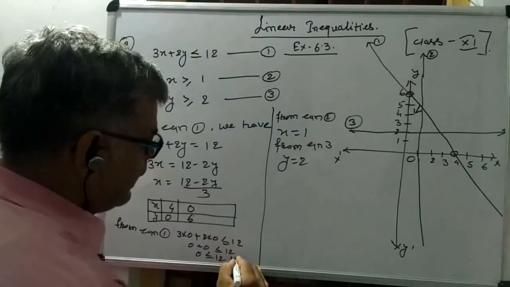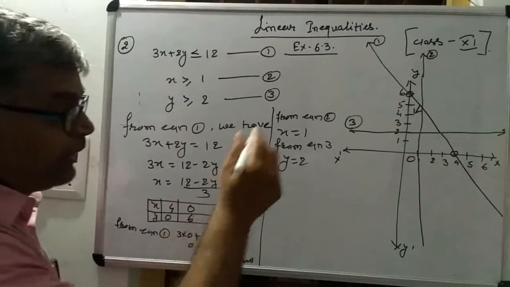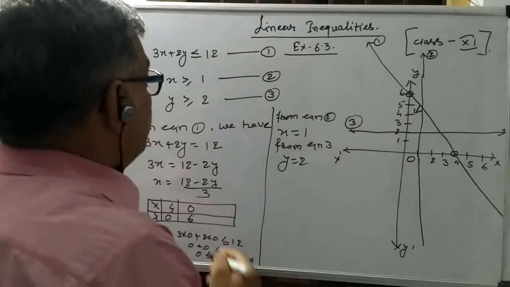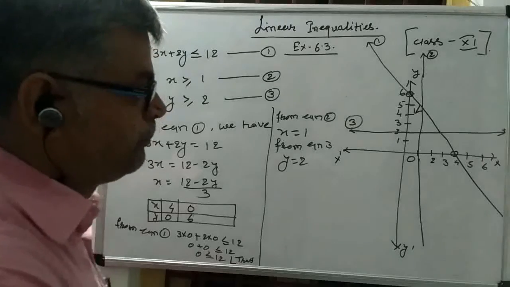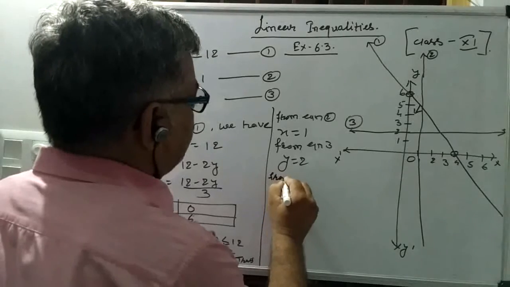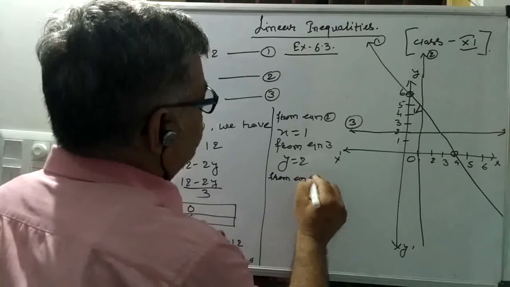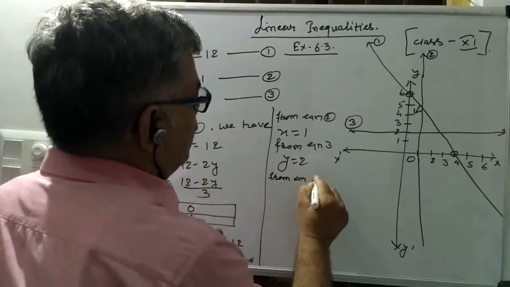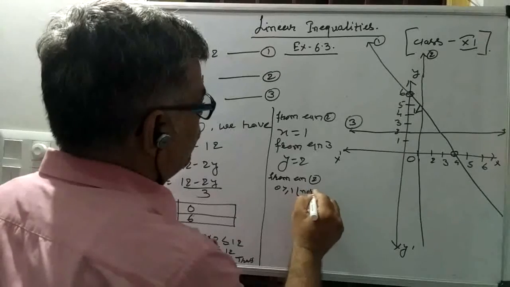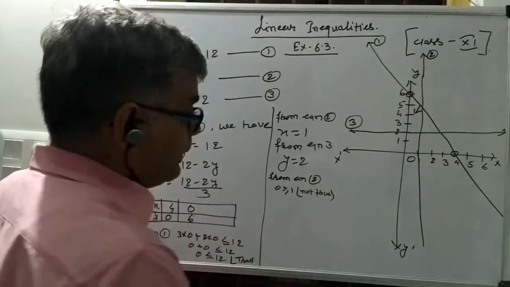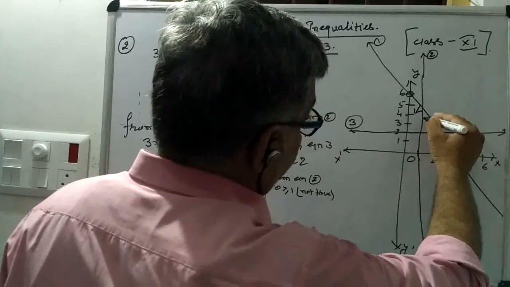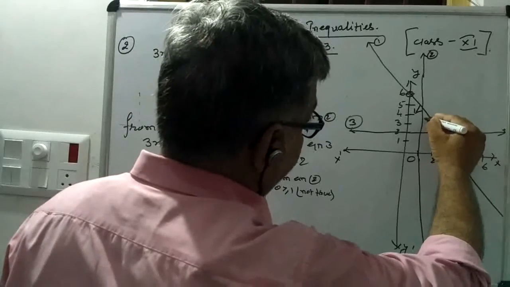You mention here it is true. So it will represent the lower half. And from equation 2, when you put 0 is greater than or equal to 1, which is not true, it means equation 2 will show the other half.